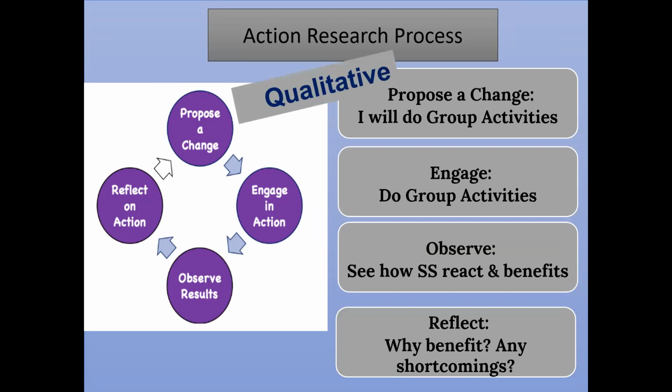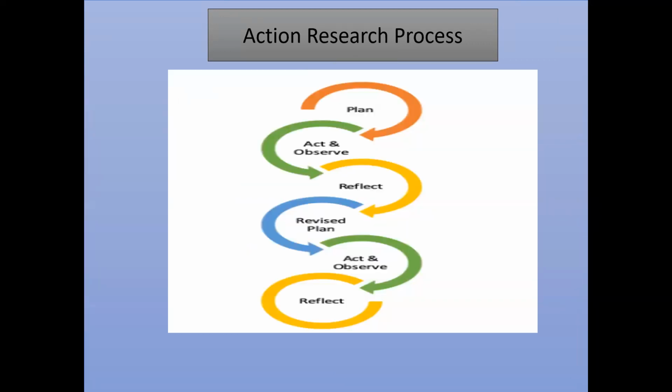So it is action research. It can be used qualitatively. Here, this describes this pathway. You plan, you act and observe, you reflect. Sometimes you revise your plan and act and observe, reflect. So this can be continuously done. And under your findings, you can explain how changes happen.